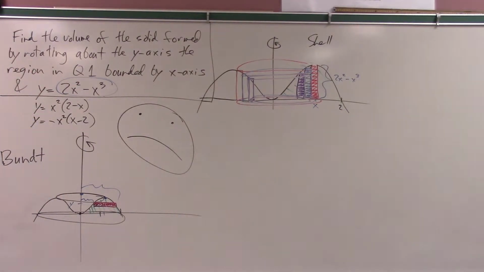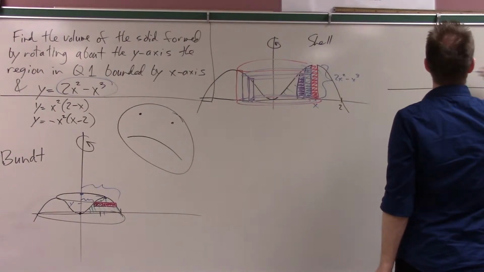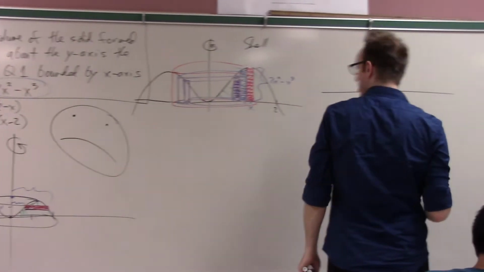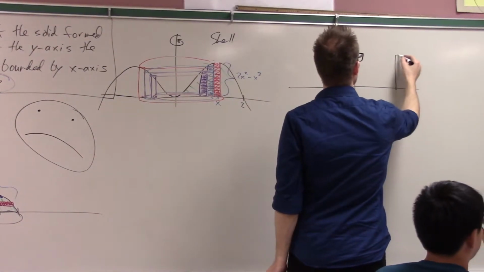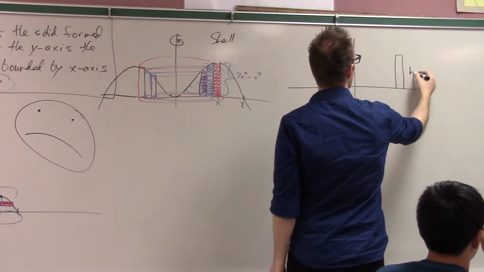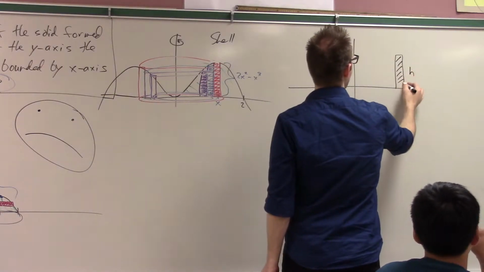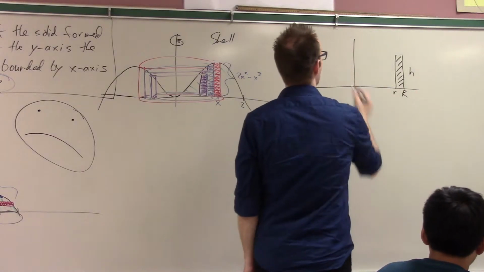All right, so, good. Can we figure out the volume of one of these? I think we can. So here's a shell. Let's say that the height of this shell is h, and let r be the inner radius and big R be the outer radius.